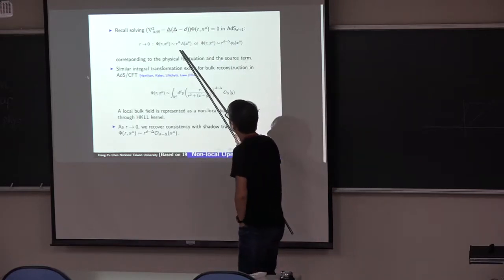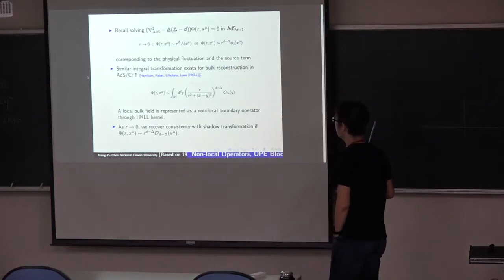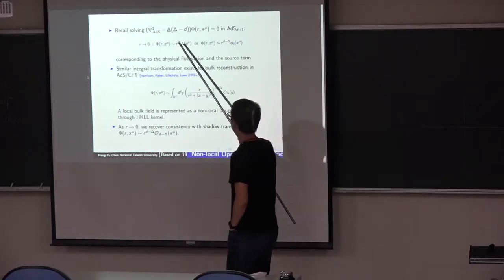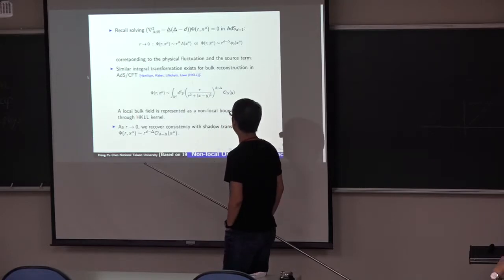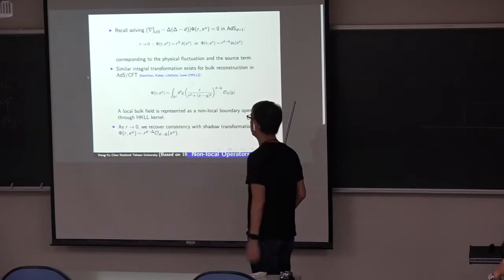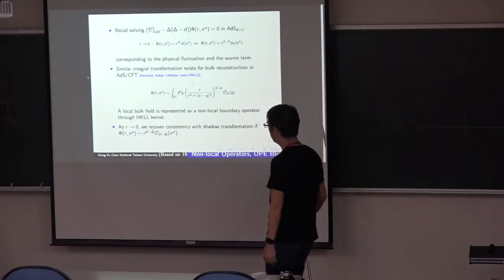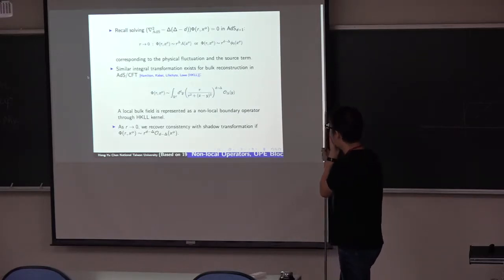One goes like r to the delta, and the other goes like r to the d minus delta. One corresponds to physical fluctuation, and the other corresponds to the source term, which sources some primary field carrying dimension delta on the boundary CFT.